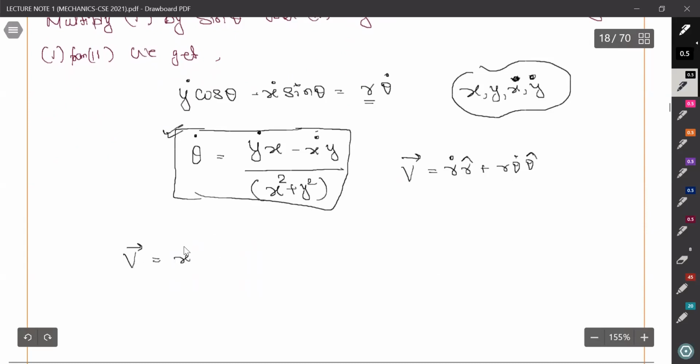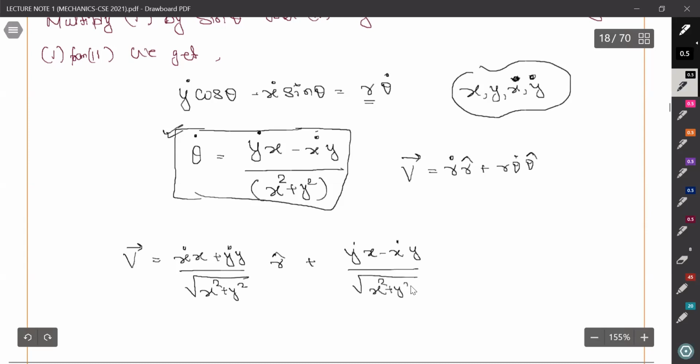V will become x x dot plus y y dot upon root under x square plus y square r cap plus y dot x minus x dot y upon root under x square plus y square, because r is there also, theta cap.